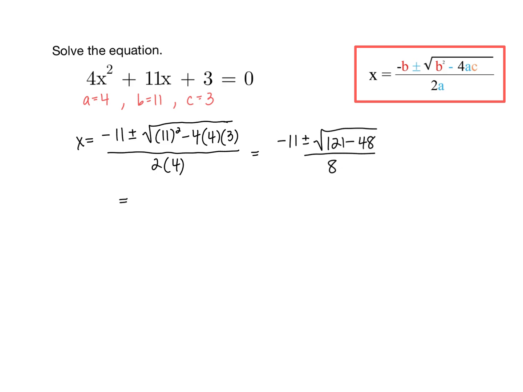Let's continue. Negative 11 plus or minus 121 minus 48 is going to give you 73, all over 8. So this, again, we cannot simplify the square root of 73 any further. This represents our exact solutions.